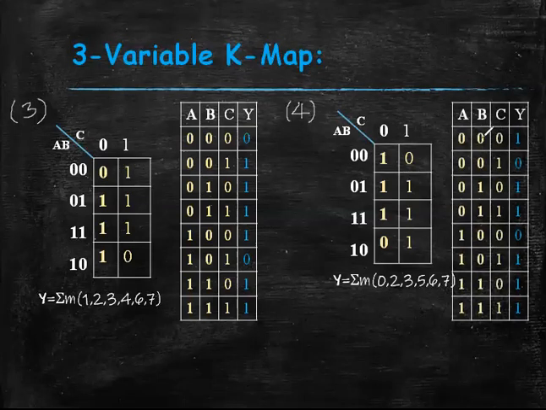Here the K-map, the truth table and the SOP are also given. You must group the ones and obtain the minimized expression for y. Okay.